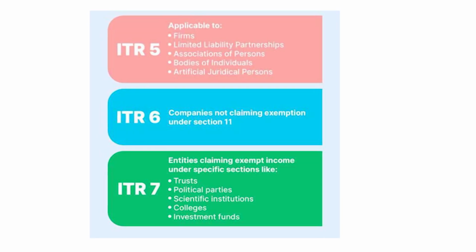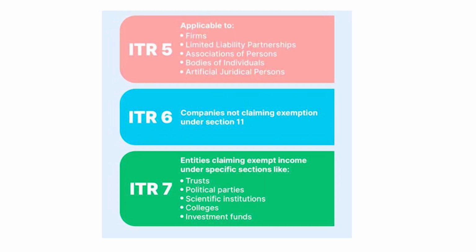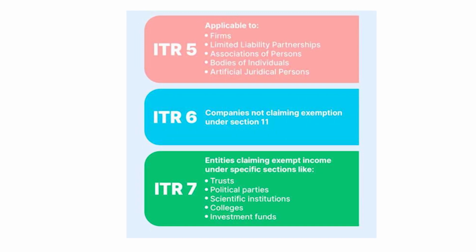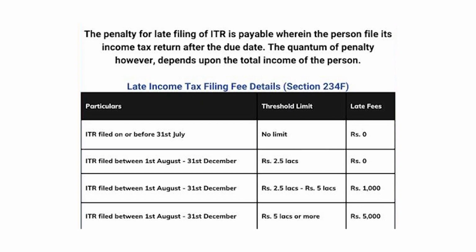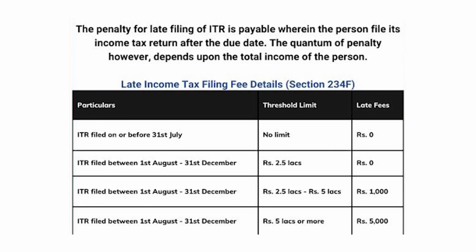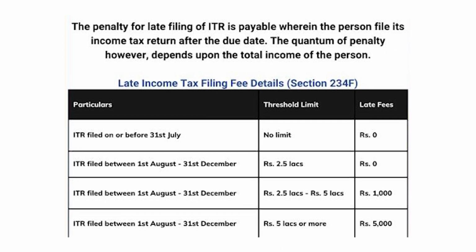That means for ITR 7 for trusts and NGOs, ITR 6 for companies, or ITR 5 for LLPs and partnership firms, the due date is October 31st, and for the rest of the assessees, the due date is July 31st. If you miss the deadline, you again have the chance to file up to December 31st of this year.